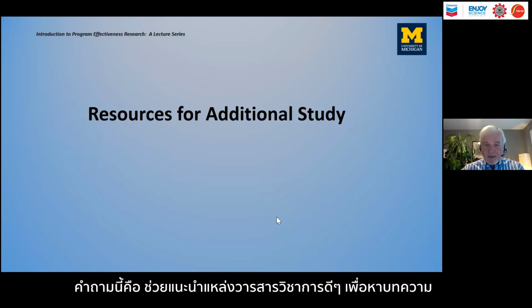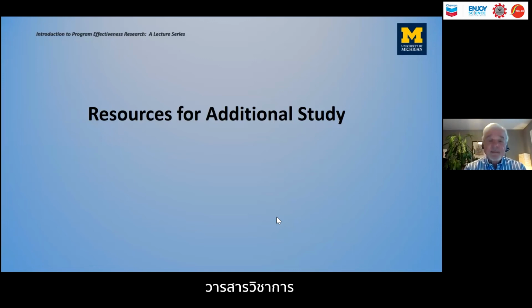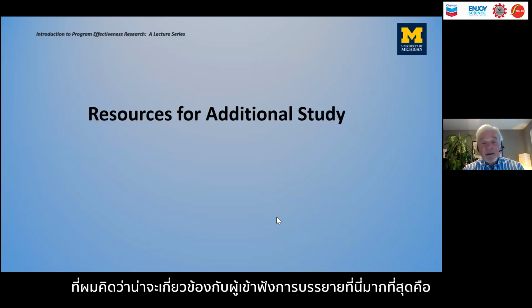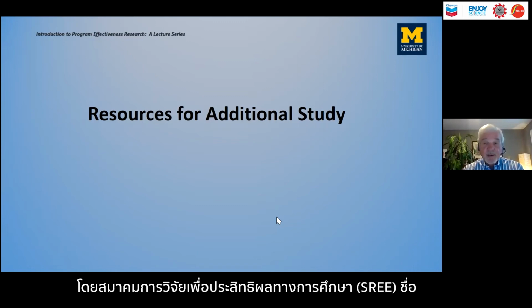This question asks: can you recommend good sources or journals to find articles about program effectiveness research for further reading? The journal that I think is probably most relevant to attendees here is an English language journal published in the United States by the Society for Research on Educational Effectiveness.